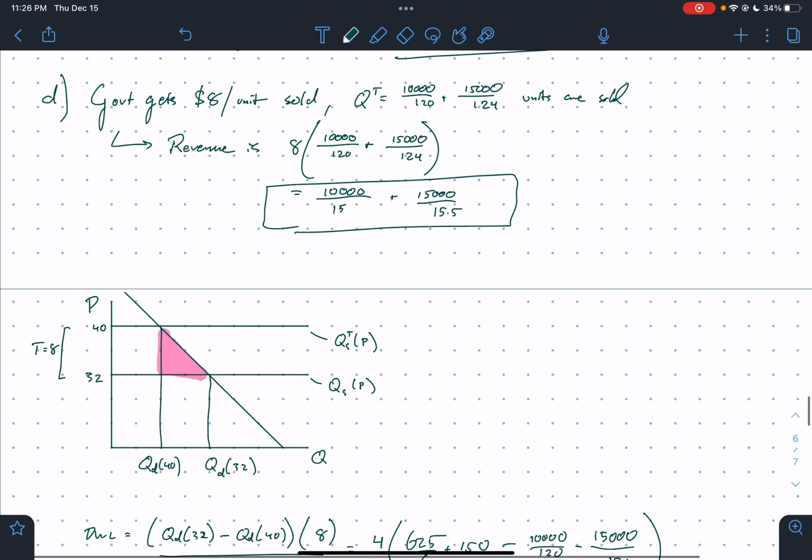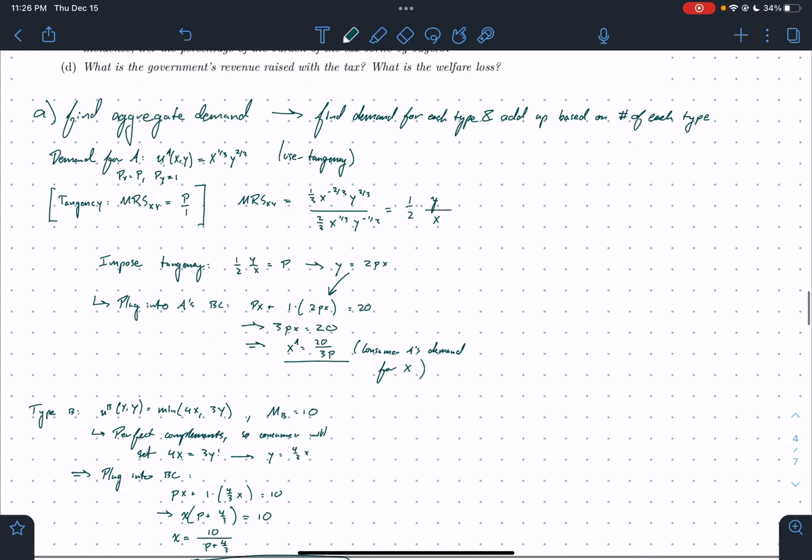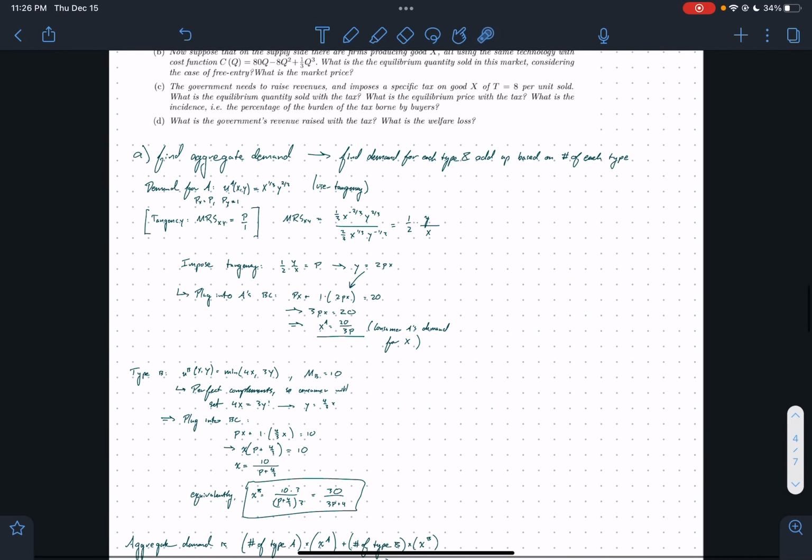So anyway, the important part is walking through how we find aggregate demand. For the first consumer, we used the tangency condition, set the MRS equal to the ratio of the prices, and then got this condition.